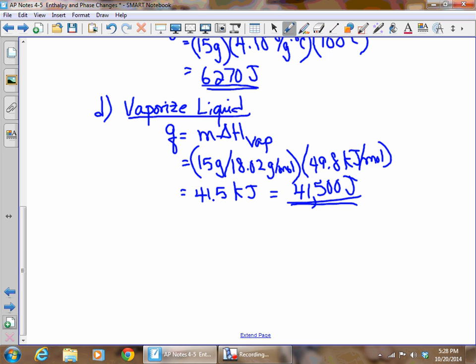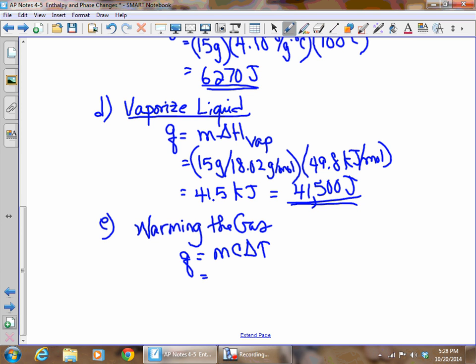On the last leg of our journey, I guess next to last because we do need to add them up in the end, we are going to be warming the gas. So when we warm the gas, heating it up, we're back to Q equals mc∆T.